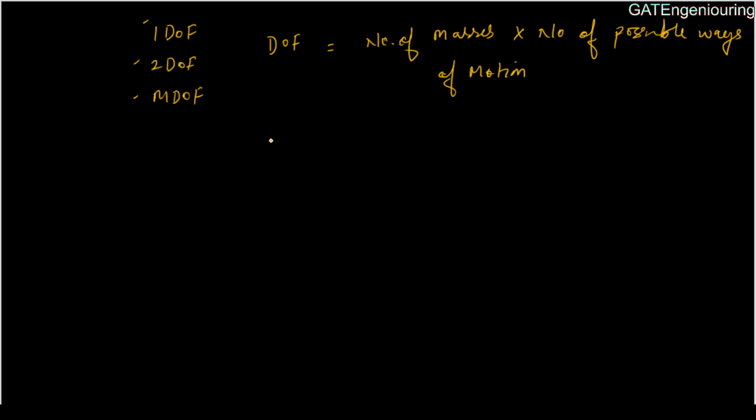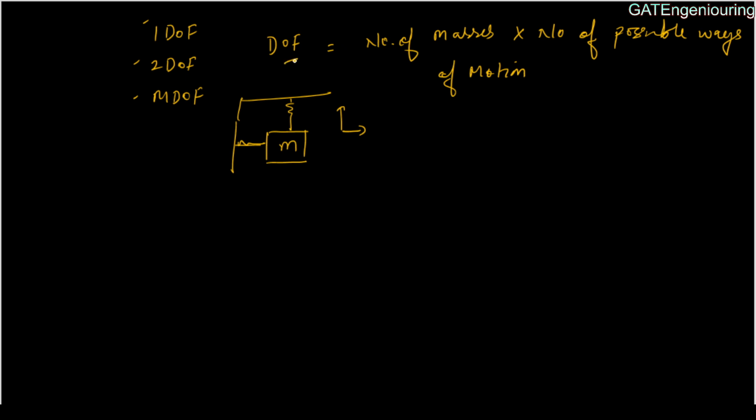Okay, so how to understand this? Let's say there is an example of a block of mass m. Let's say it is connected to a spring on this side and to a spring on this side also, like this. So this mass is basically able to move in the y direction as well as in the x direction, and it is a single mass.